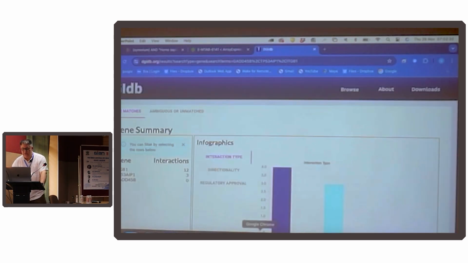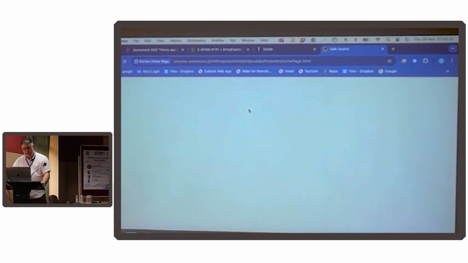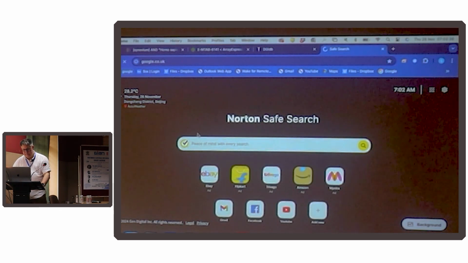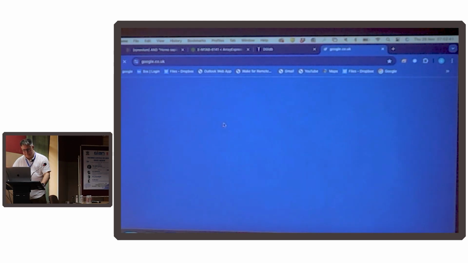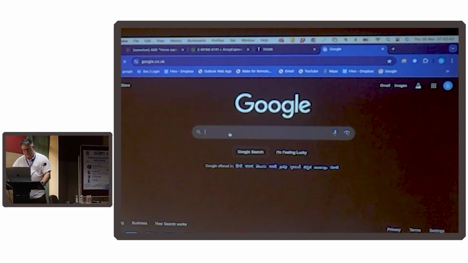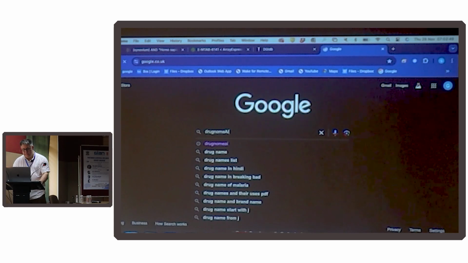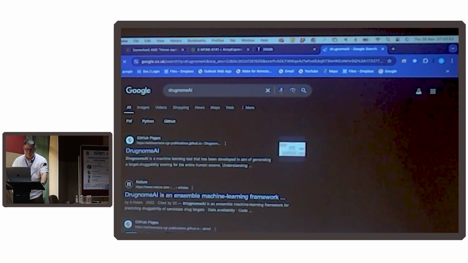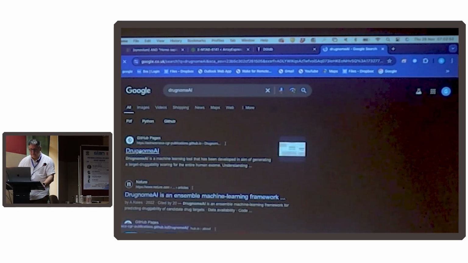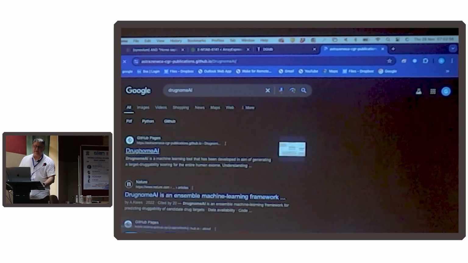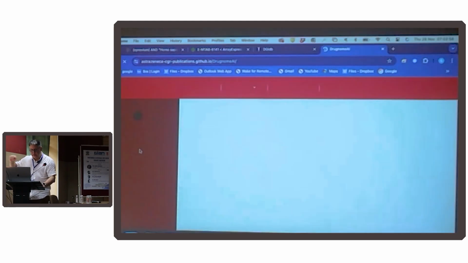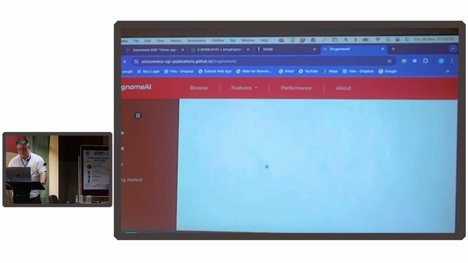So if we look at that, if we do a search on DrugnomeAI, it's served through GitHub, which is the developer approach and developer way of sharing things.